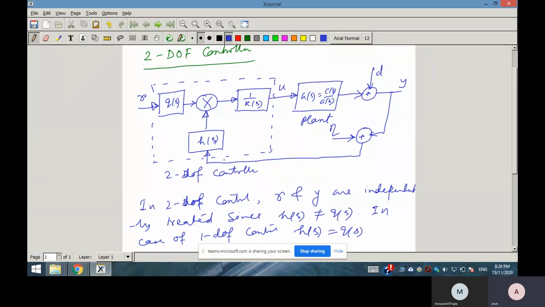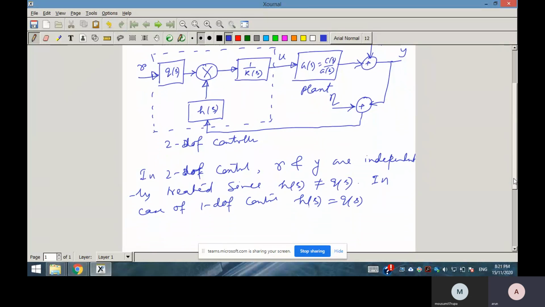But in case of 1 degree of freedom control, since Q(s) equals H(s), they will be treated in a similar way. They are not independent. In that case, only the tracking error will go into the controller, because Q and H you can absorb inside this block, and it will ultimately be H(s)/K(s), or you can write Q(s)/K(s). And in that case, the only input to the controller will be your tracking error.